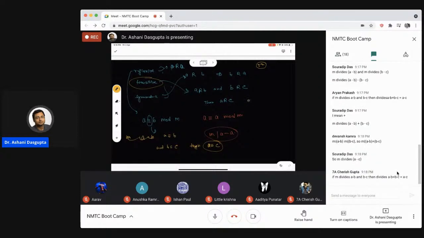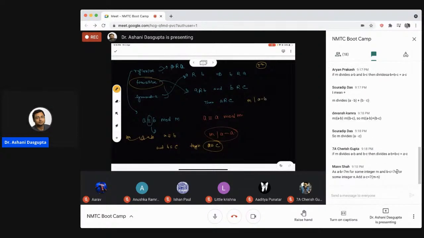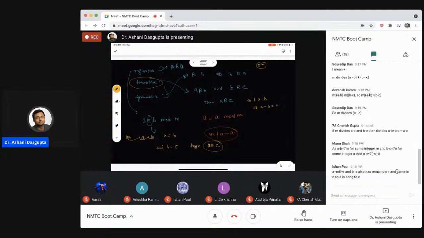So basically, if M divides A minus B, then we can write A minus B equals M times some quotient Q1. If M divides B minus C, which is the second one, then B minus C equals M times some Q2. So we can just add these two equations.